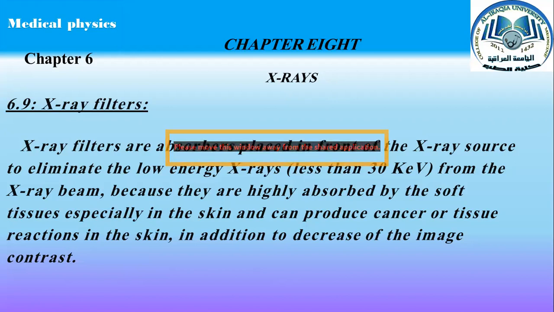X-ray filters are placed in front of the X-ray source to eliminate the low energy X-rays, those less than 30 kilo electron volt, because they are highly absorbed by the soft tissue, especially in the skin, and can produce cancer or tissue reaction in the skin, in addition to decreasing the image contrast.